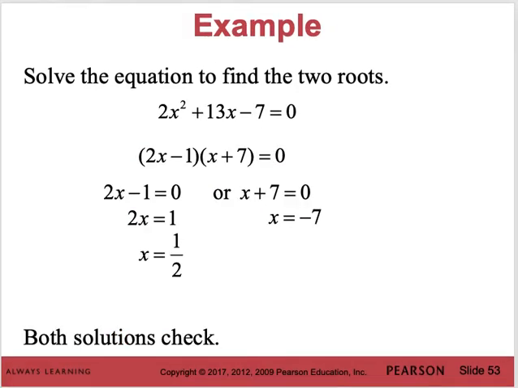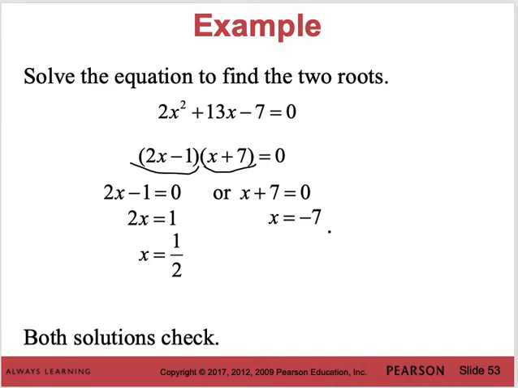Here's another example. So first factor, 2x minus 1 and x plus 7 equals 0.